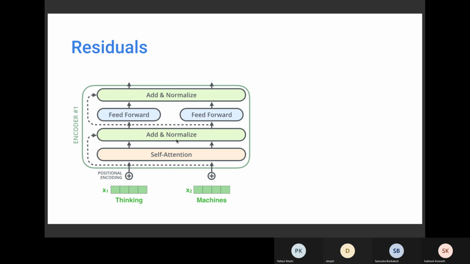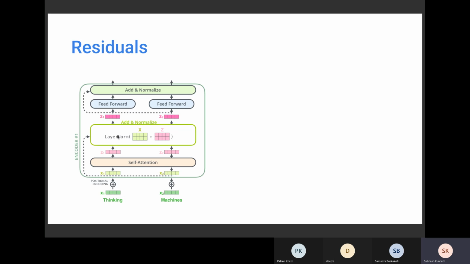What happens in this is, I'll explain it here: you have an embedding with position encoding added, and you feed it to the self attention and you get these z vectors. Then with the residual connections coming in, these x values are added with these z values, and you perform a layer normalization.